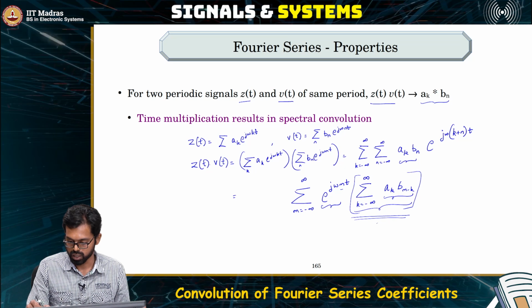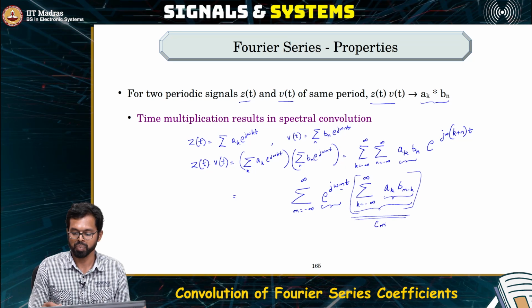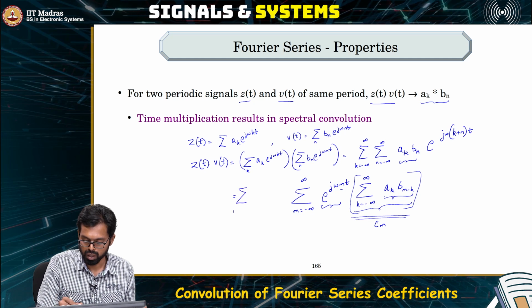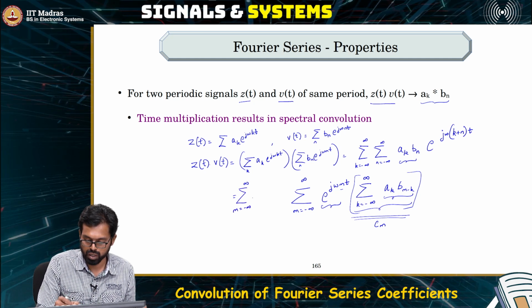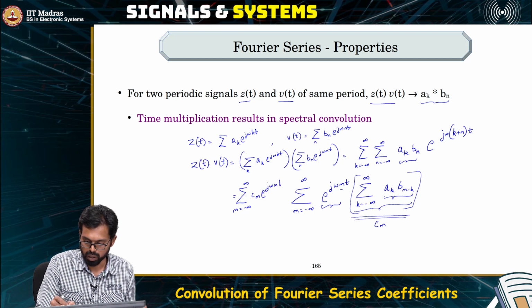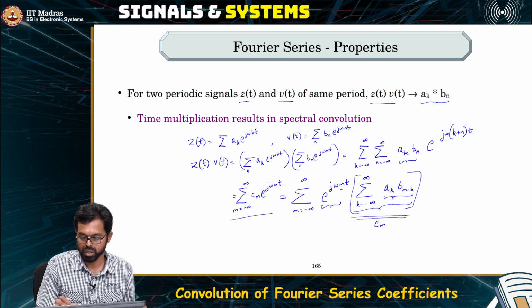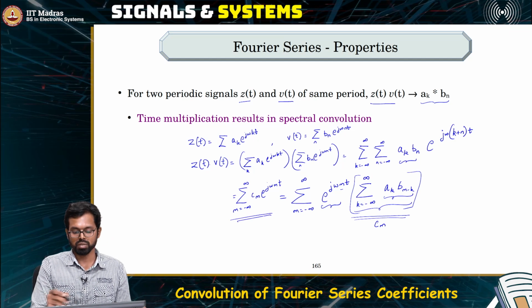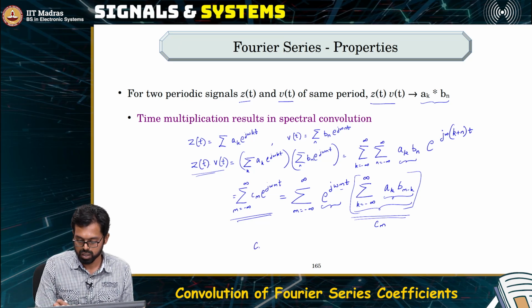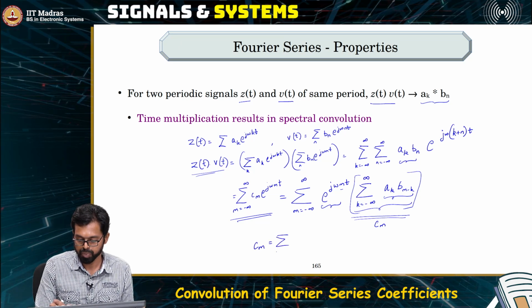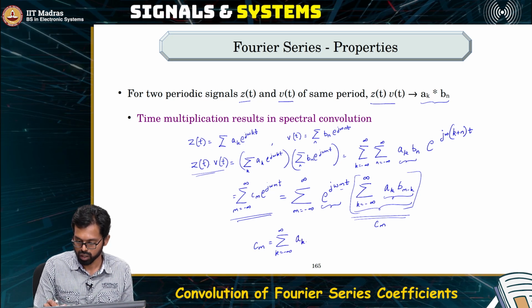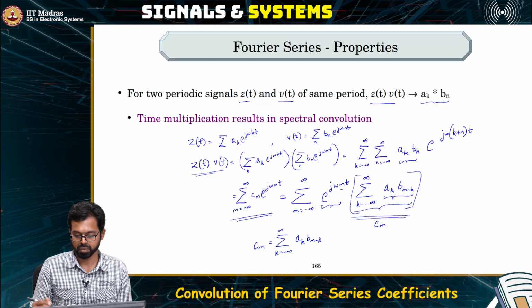So let us say that this is some C_m, then you have the sum over m equal to minus infinity to infinity of C_m e^(jωmt). So this is the Fourier series of the product of these two time domain signals, where C_m is the sum over k from minus infinity to infinity of a_k b_(m-k).